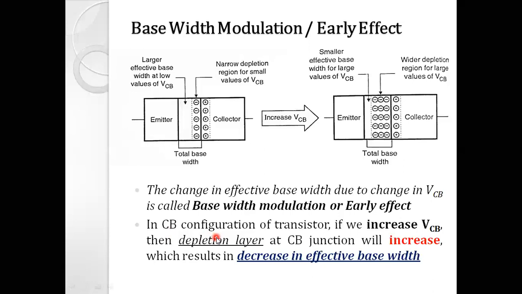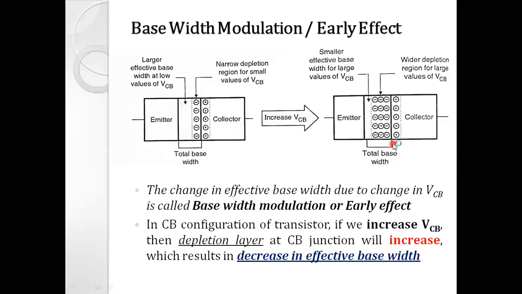Earlier we saw that when we want to operate the transistor in the active region, the emitter base junction should be in forward bias condition and the base collector junction should be in reverse bias condition. And to make the base collector junction reverse biased, we connect VCB supply between the base terminal and the collector terminal.